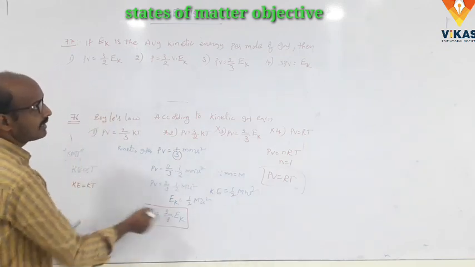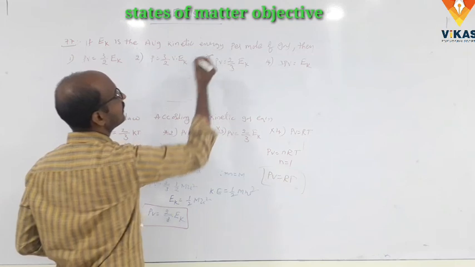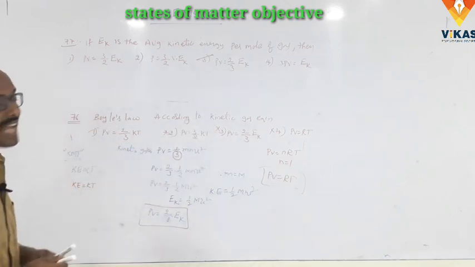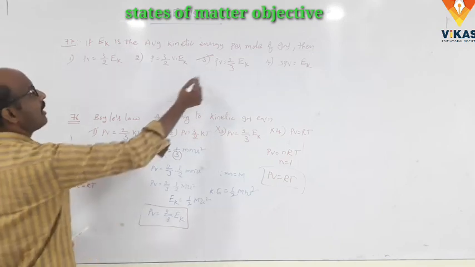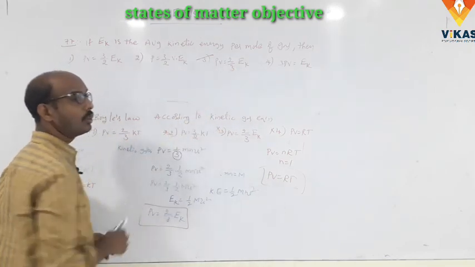PV is equal to 2/3 Ek, the third one is correct. So if Ek is the average kinetic energy per mole of gas, then PV is equal to 2/3 into Ek.